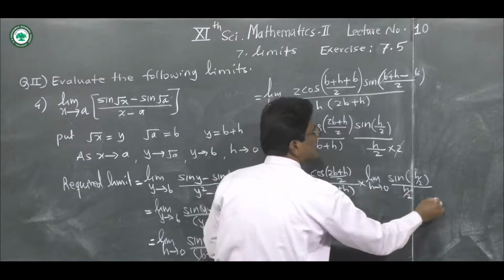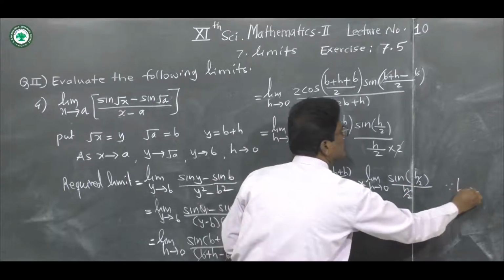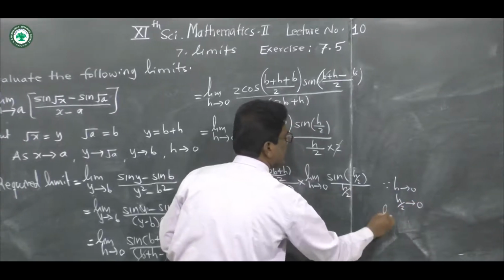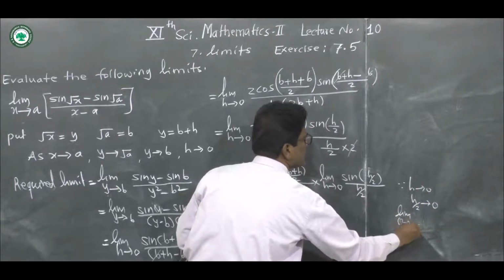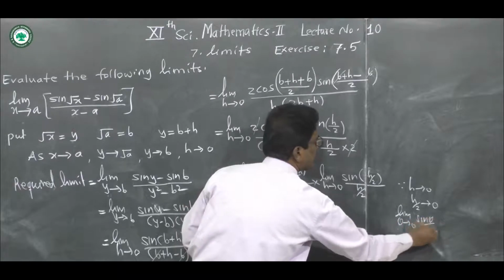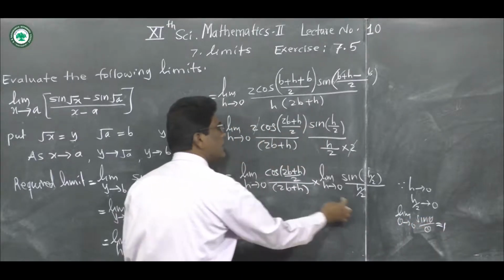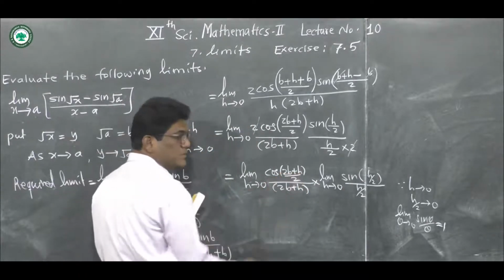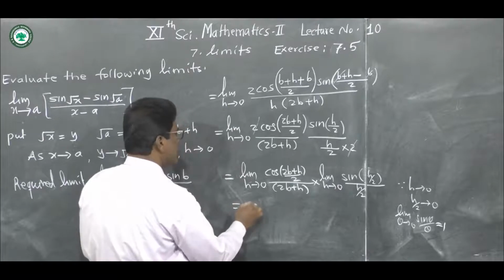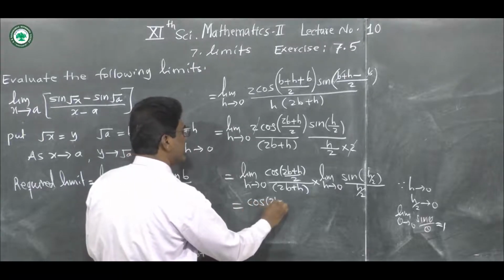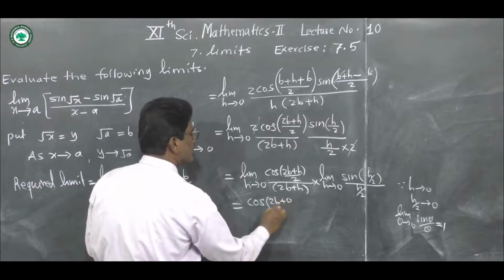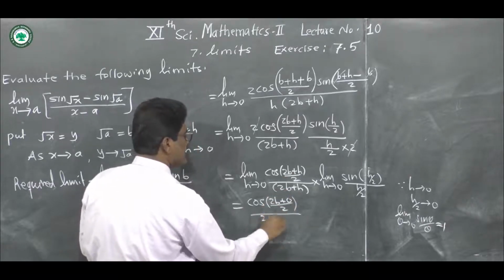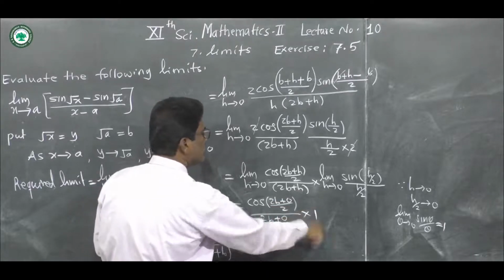Now here since h tends to 0, h by 2 also tends to 0, and using the formula limit theta tends to 0 sin theta divided by theta, that is equal to 1. So the value of this is 1 using the standard formula. And now here put directly h as 0. So we get here cos of twice b plus h as 0 divided by this 2 and divided by twice b plus h as 0 into 1.